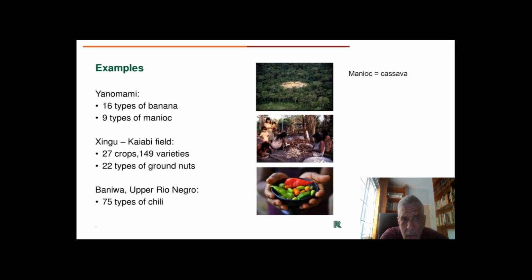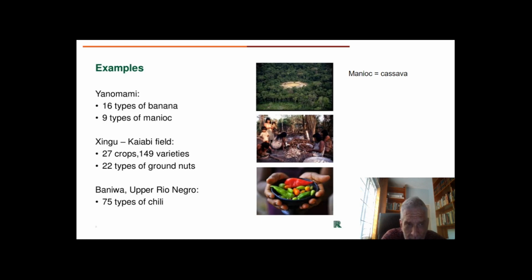So these are examples of the different crops you find in the Amazon. The Yanomami are a tribe found in the Amazon, and they have 16 types of banana and nine types of cassava.